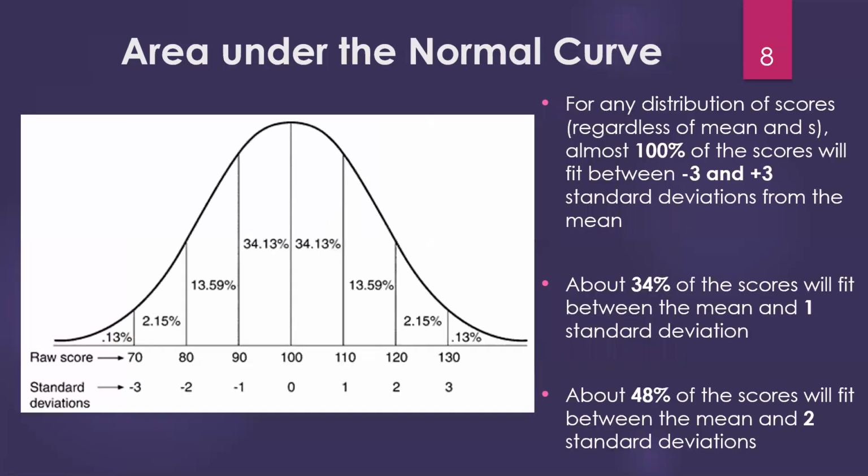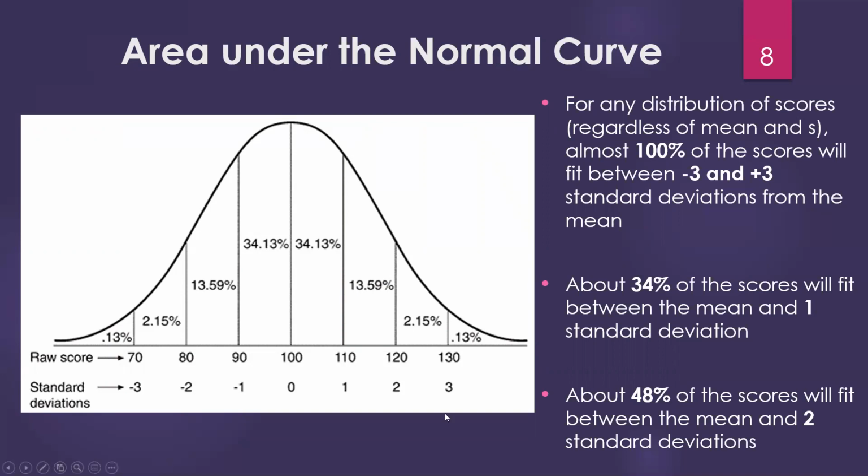Why this matters is because for any normal distribution, regardless of what the mean or standard deviation actually is, almost 100% of all values will be within 3 standard deviations from the mean. Almost no values will be beyond 3 standard deviations from the mean.